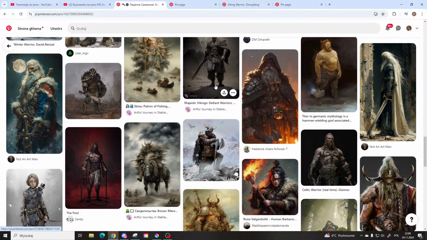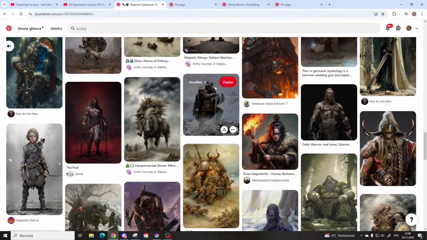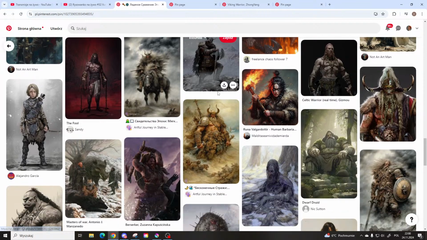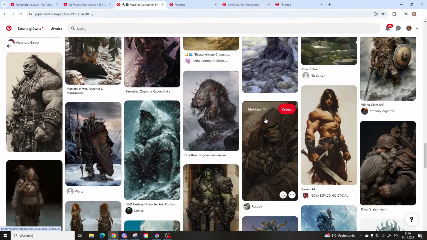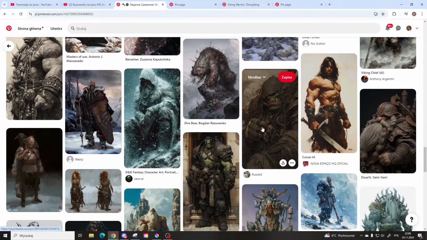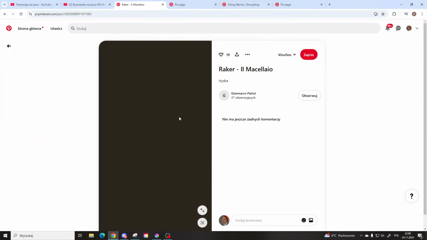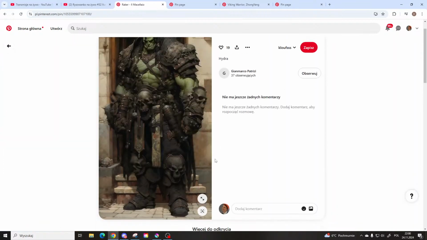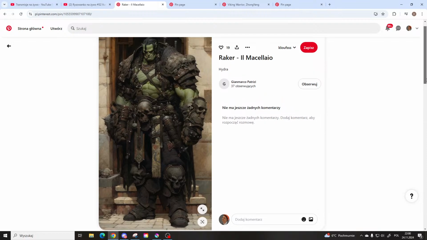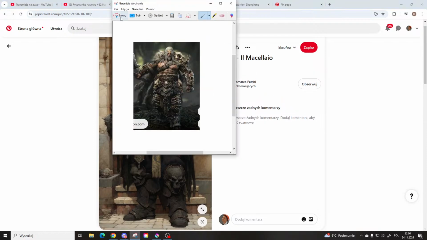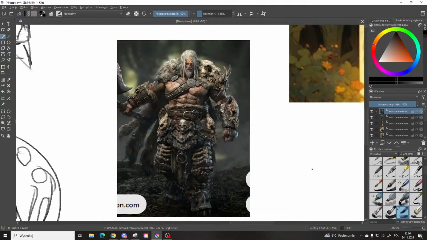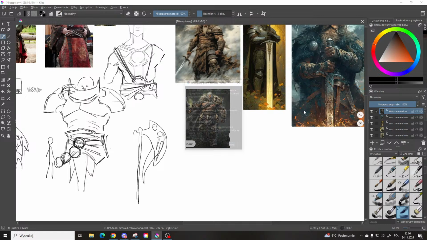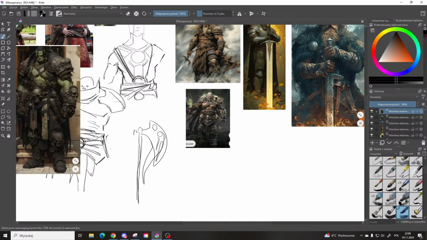I think when I'm looking for references, I look for something that would convince me that it will work. Sometimes I spend a lot of time just looking for references, and then you find something and you're like, oh yeah, that would be it. Sometimes you have specific things in mind, and sometimes you are still looking for something.